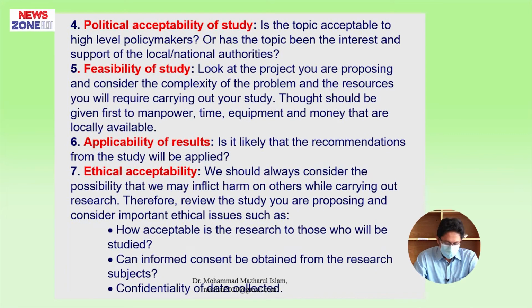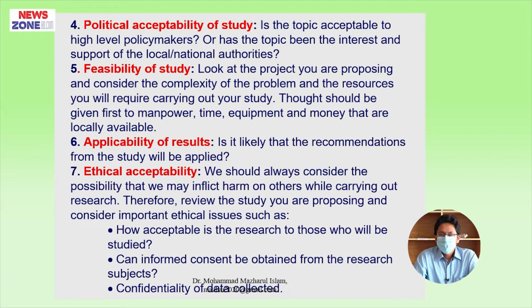And number 5 is feasibility of study. We are going to conduct a study. So regarding feasibility, can we do that? Whether it is possible for us to conduct that specific study must be considered. We have constraints in resources. Resources are man, money, material and time.